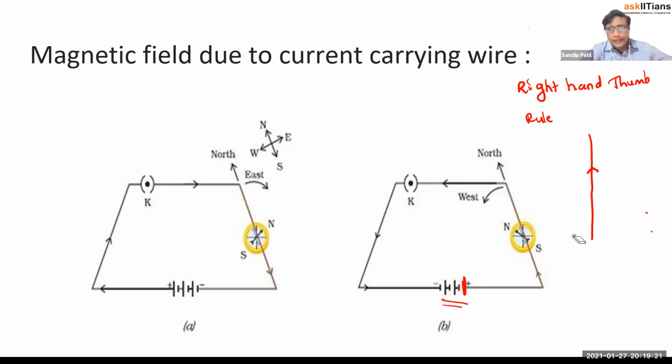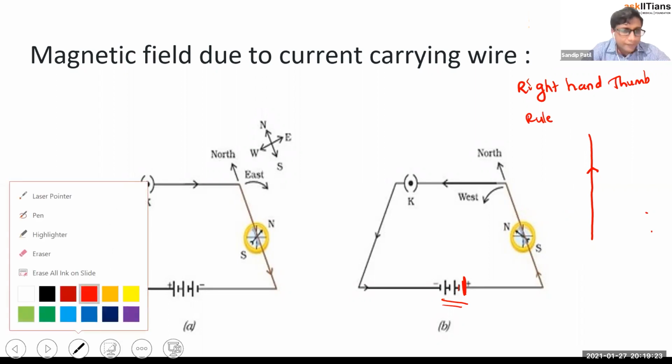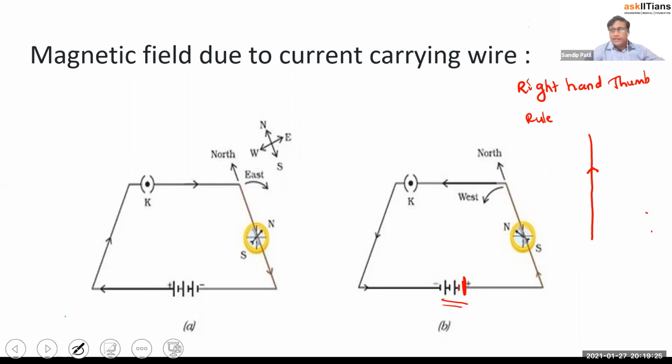We can just consider now there is one conductor which is carrying current. For this conductor, a magnetic field will be generated. So how will the magnetic field be generated? For that, we are going to use the right hand thumb rule. Right hand thumb rule means what? Obviously, we consider the right hand and thumb, right? So imagine this conductor. We have to imagine that we are now holding this conductor in our right hand, right?